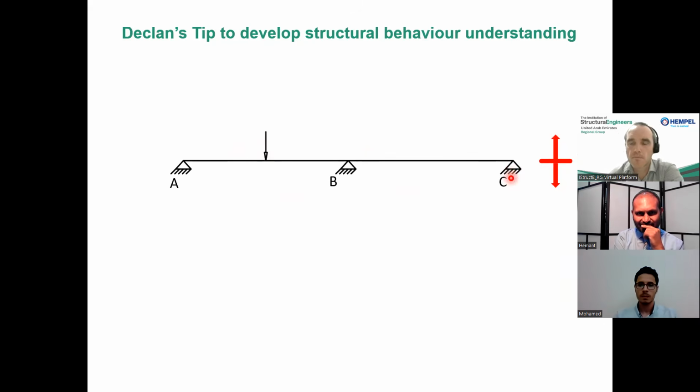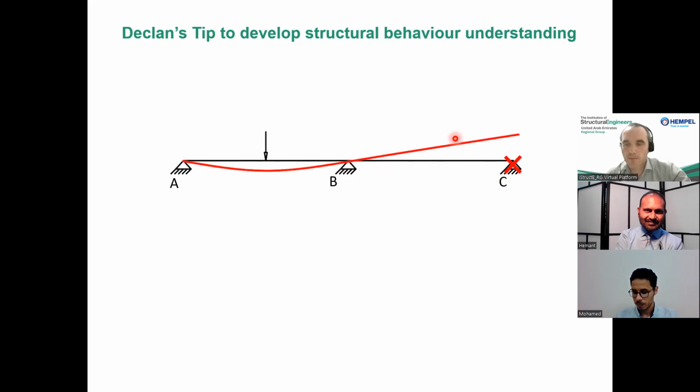What is happening here? In some structures, it may be difficult to visualize what direction the force is going. But for the support that you're not sure about, you imagine it being removed completely. In this example, if this support was removed, you would end up with a one-span beam with a cantilever. You would then have to visualize what the deflected shape would look like.